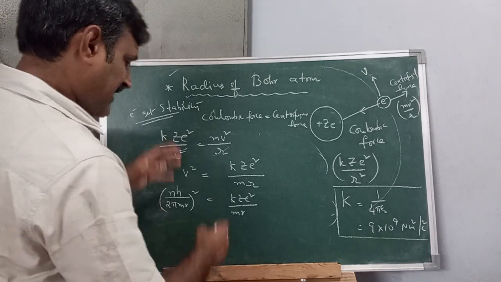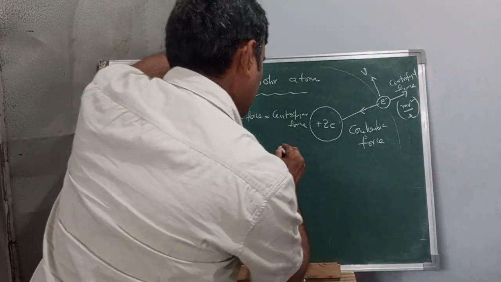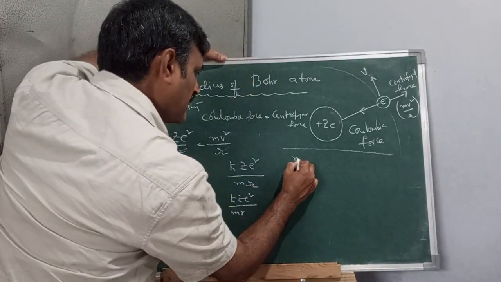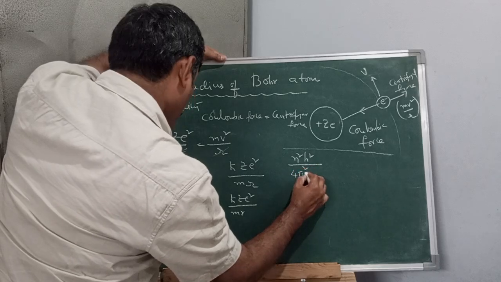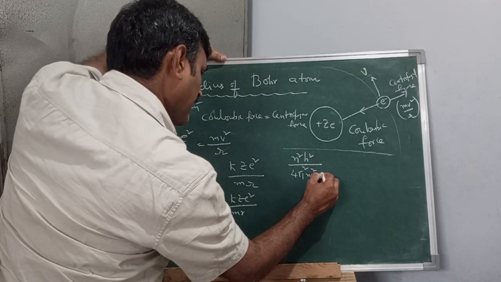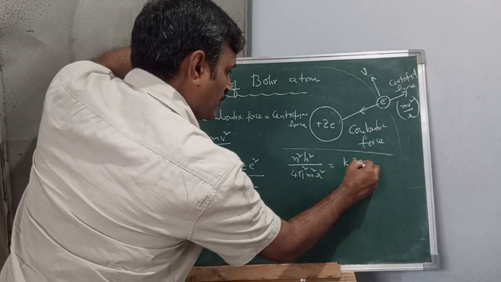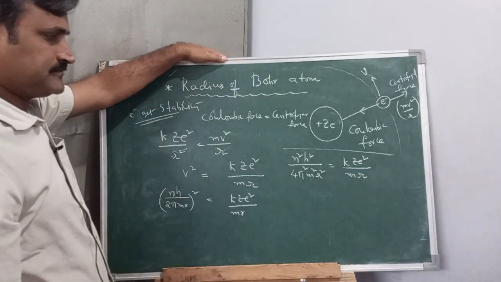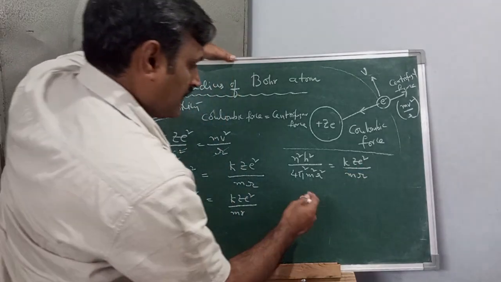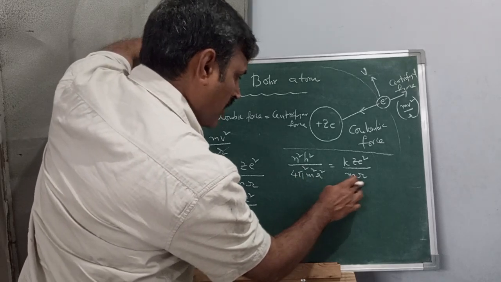Okay, if we do a little bit of simplification, we will see how it changes. This will become n square h square by 4 pi square m square r square is equal to K into Z E square by m into r. Here m square r square is there, and here m r is there.